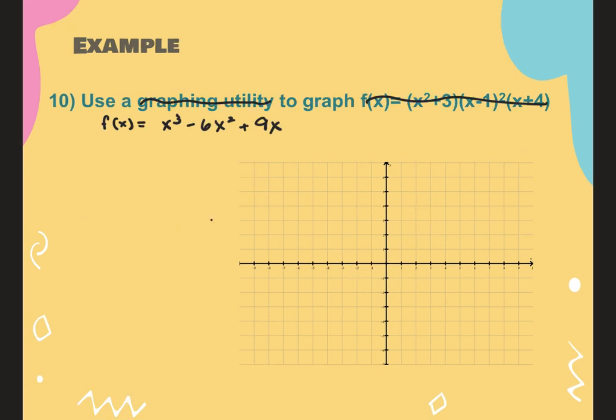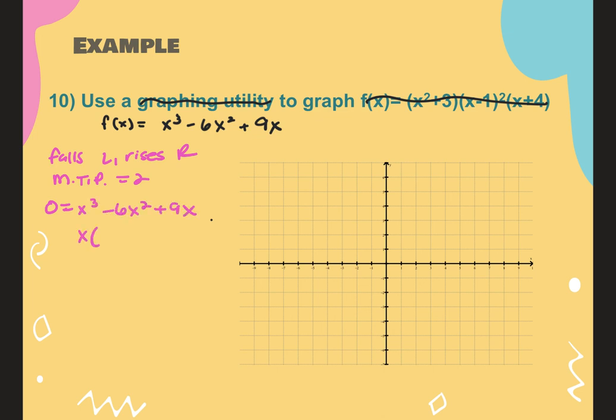Let's try another one. Again, I changed this one. So you want to do f of x equals x to the third minus 6x squared plus 9x. Highest exponent is 3 again, so this falls left, and it's positive, rises right. Max turning points is 2 again. So 0 equals x to the third minus 6x squared plus 9x.